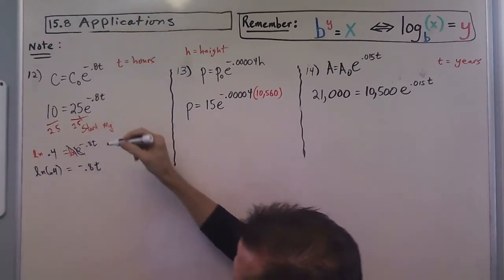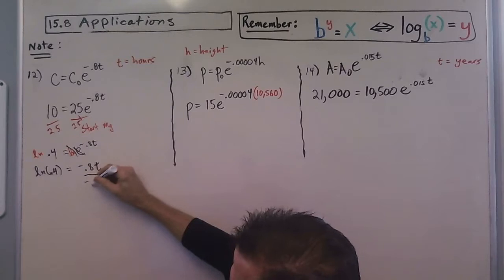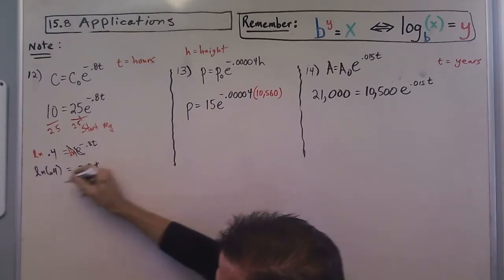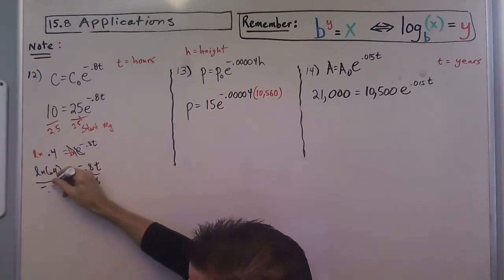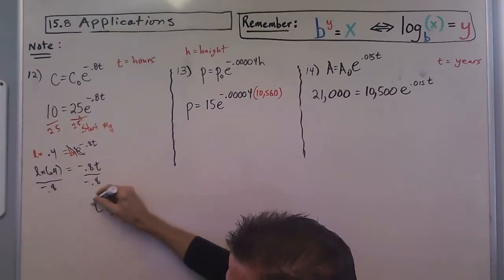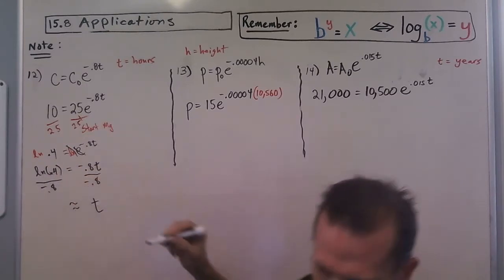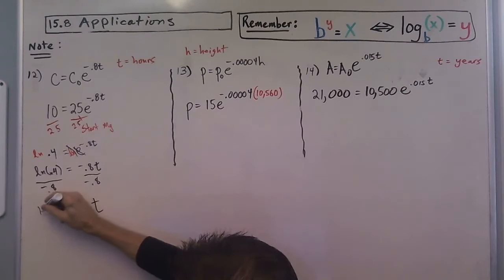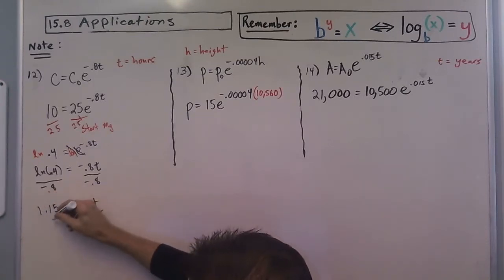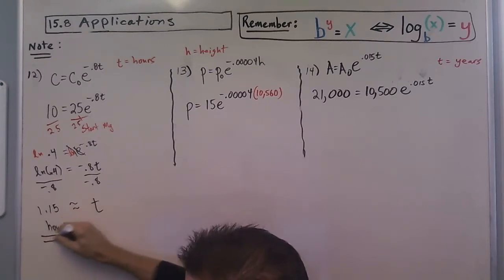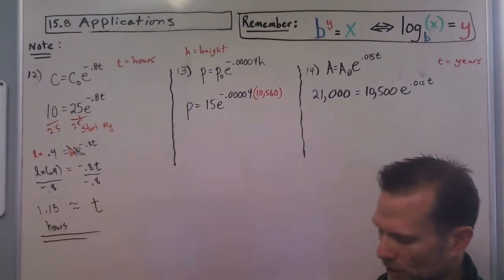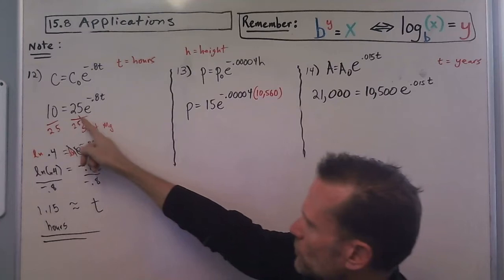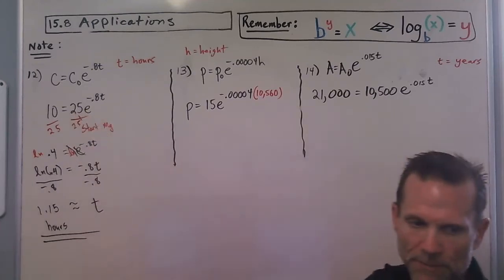After these cancel out, I'll divide by negative 0.8 and divide by negative 0.8. And what I find out for t is that t is approximately 1.15 hours. So it'd take a little over an hour to reduce from 25 milligrams to 10 milligrams.